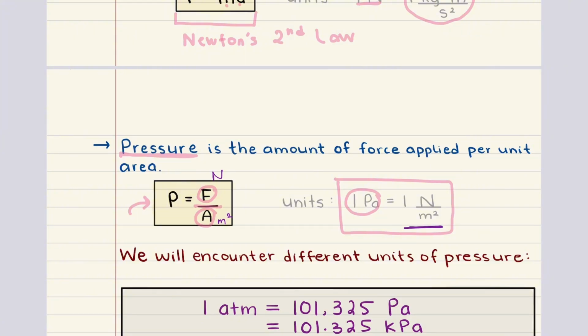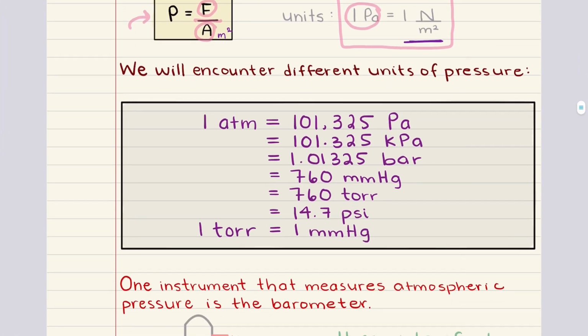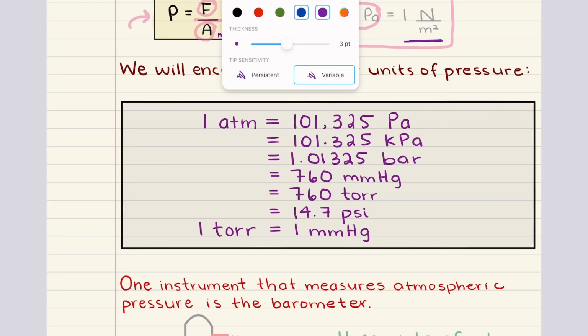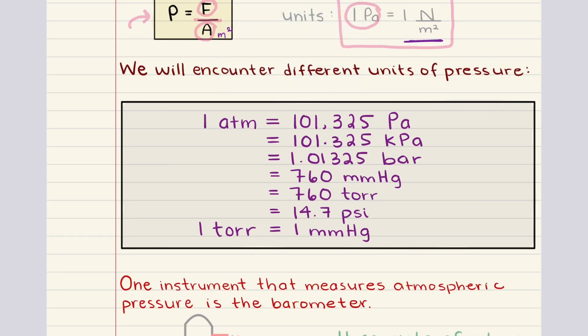Now, in chemistry and physics, we often work with very large pressures, so the Pascal is a relatively small unit. Because of this, we frequently use larger or alternative units of pressure. For example, 1 atmosphere is equal to 101,325 pascals.